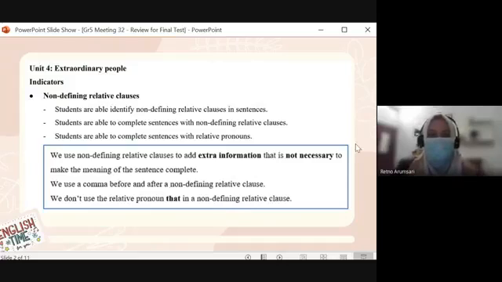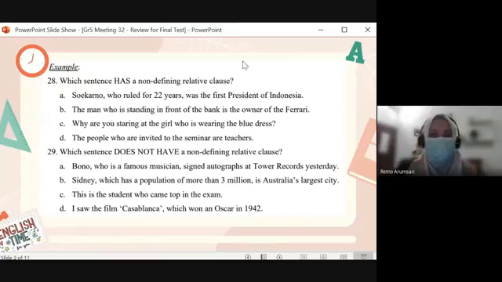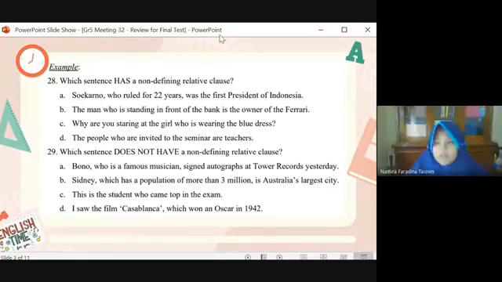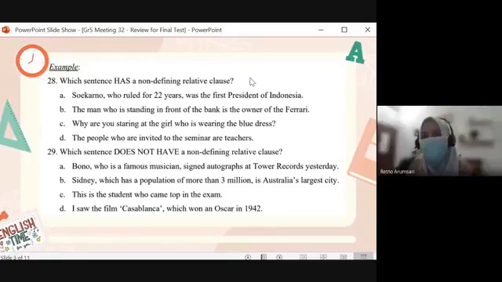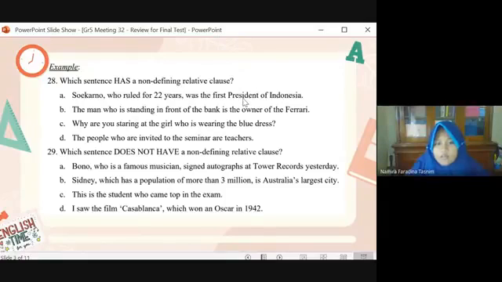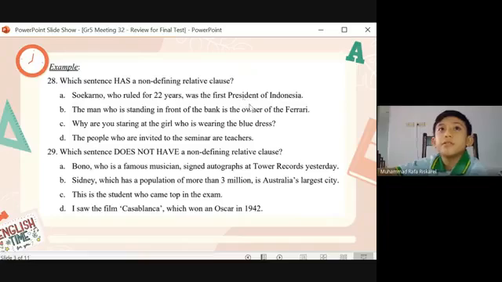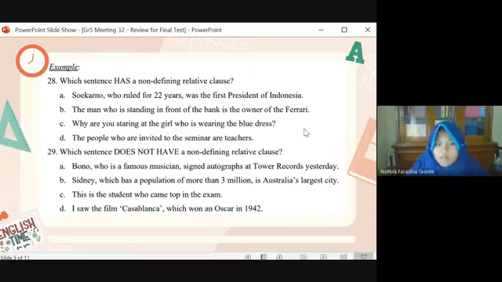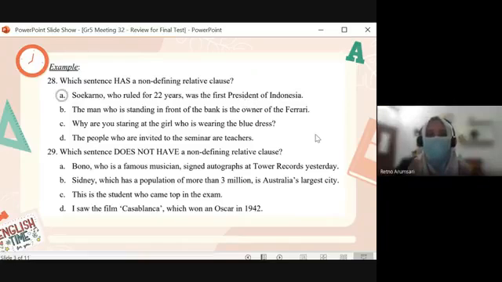Now, first, let's identify which of the sentences has a non-defining relative clause. Number 28. Which one is it? It's A. How do you know that it is A? Because it has commas.